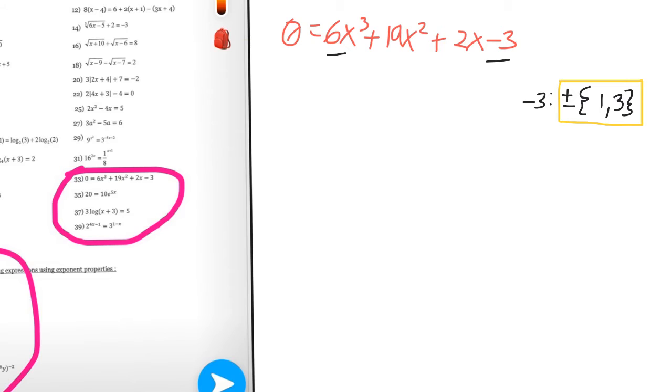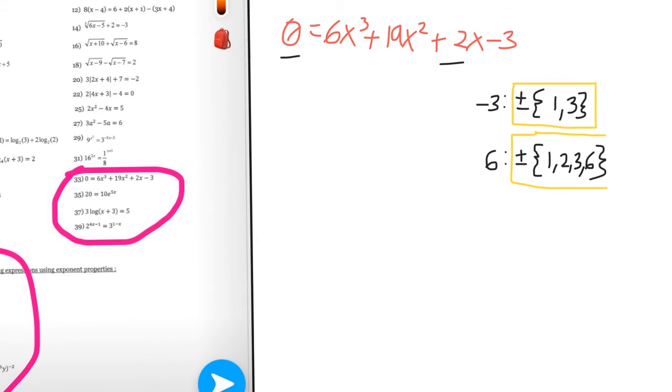And then all the factors for a positive 6, well, that would be plus minus, let's see, clearly 1, 2, 3, and 6. And you just kind of get clear about that stuff. And then what you're going to do is figure out all the different combinations where this would be the numerator over this being the denominator. So we can kind of do that off to the side.